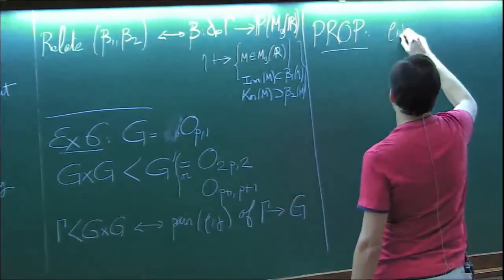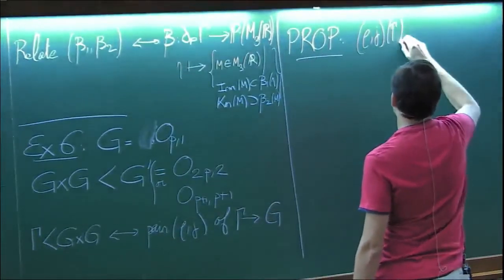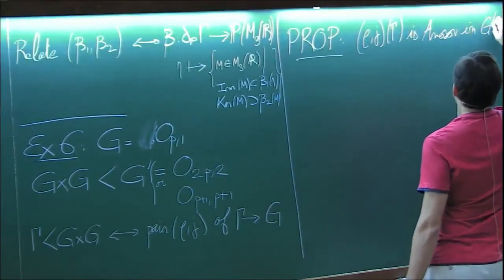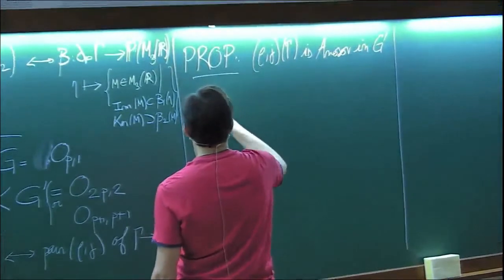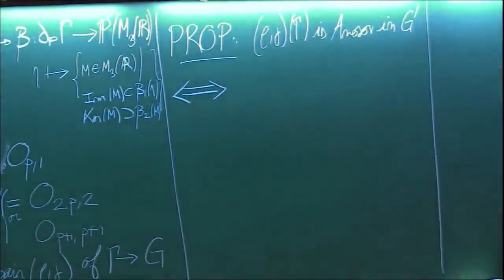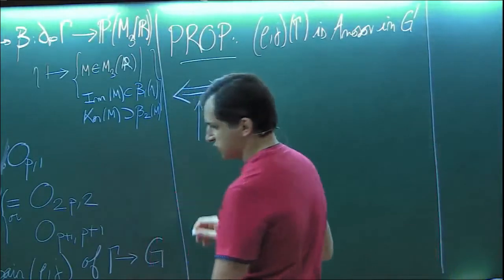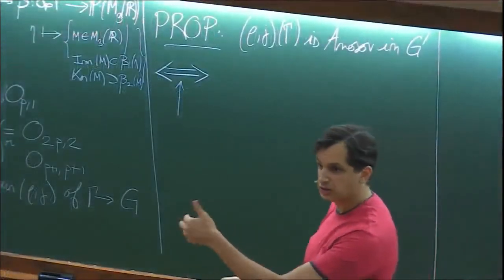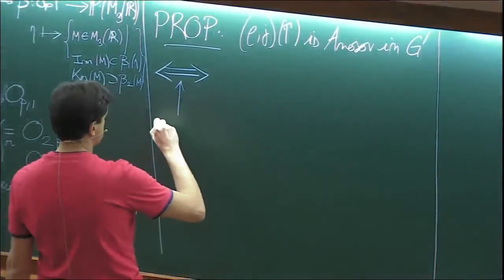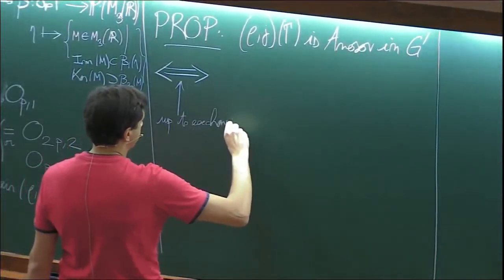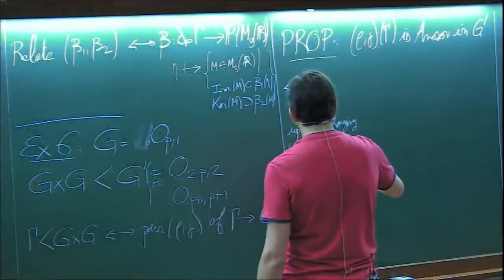I will say that rho J of gamma is Anosov in G prime if and only if the following happens, and of course I cannot distinguish the two factors of G in this product, so I have to allow exchanging the role of rho and J in this statement. So this is up to exchanging rho and J.